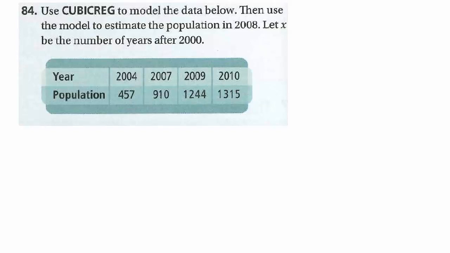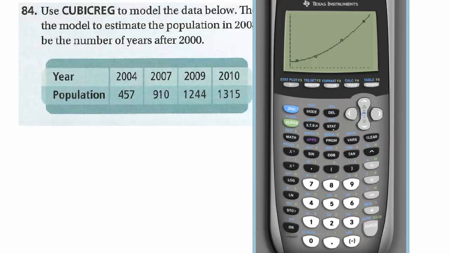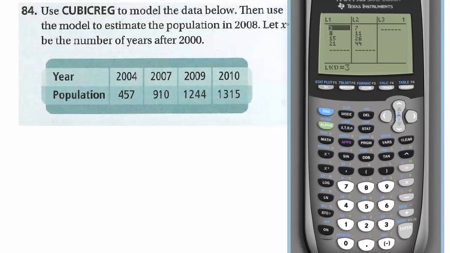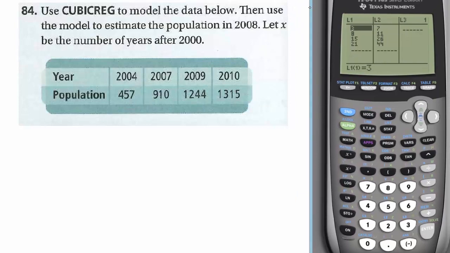All right, we're going to use cubic regression to model population here. So we're going to go to stat, and I'm going to go to that list that I had before. But here's the thing. We could use the numbers 2004, 2007, 2009, but they want us specifically to let X be the number of years after 2000. So the year 2001, we would just write a 1.